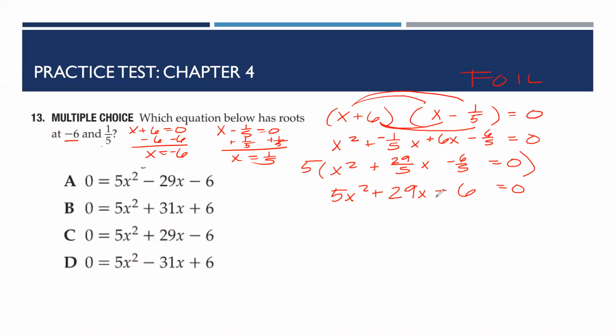This is still equal to 0. And then, so that's going to be your equation here. 5x squared plus 29x minus 6, which was this one here, letter C. Okay.